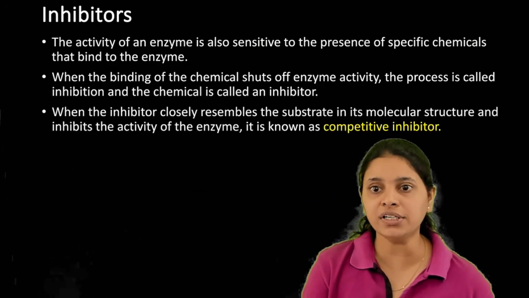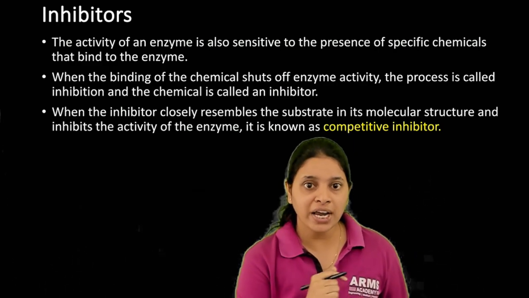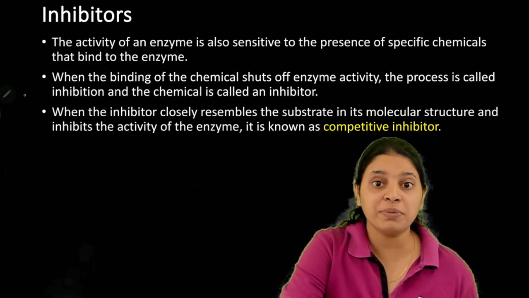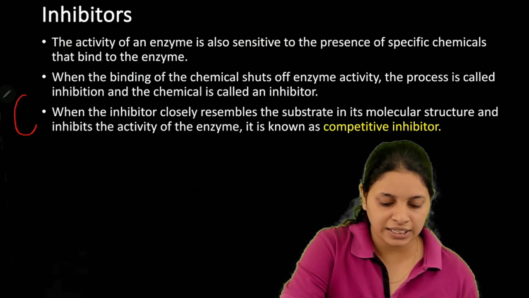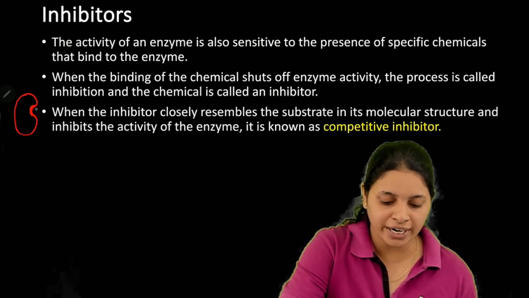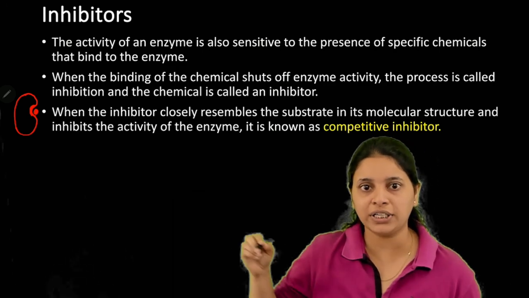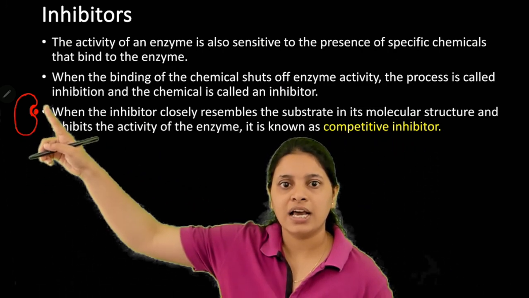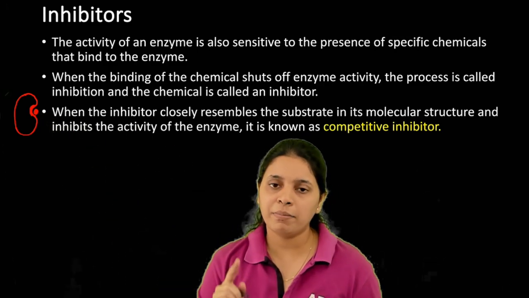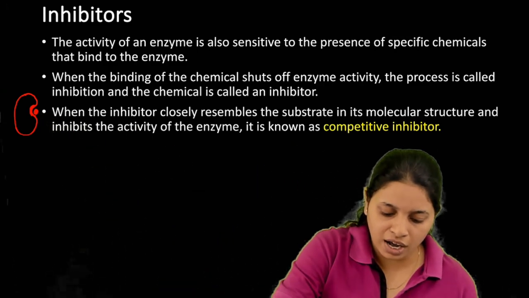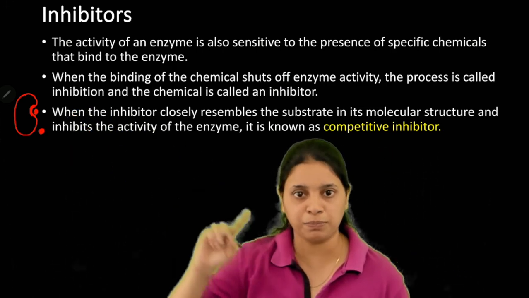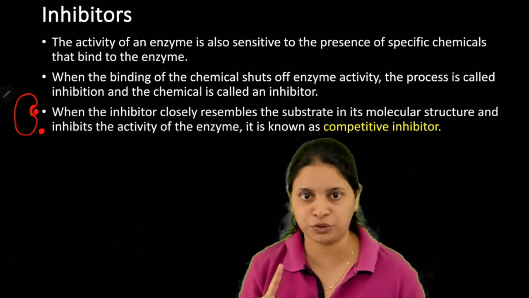Now, we have studied that every enzyme has some specific shape and it has many pockets, right? So let's say this is an enzyme. A specific pocket where the substrate binds is the active site. But now let's say we have another molecule which is very similar to the substrate, but it is not the substrate.